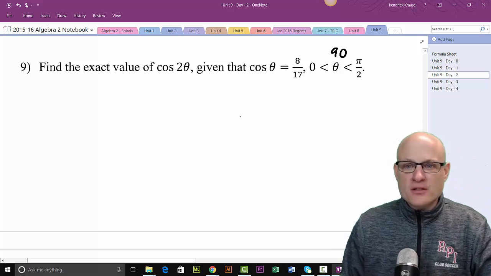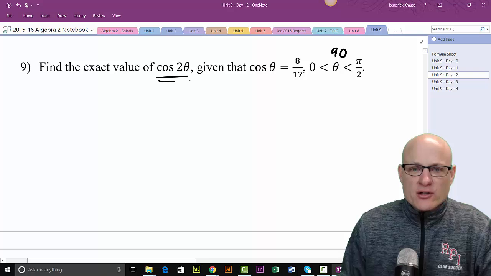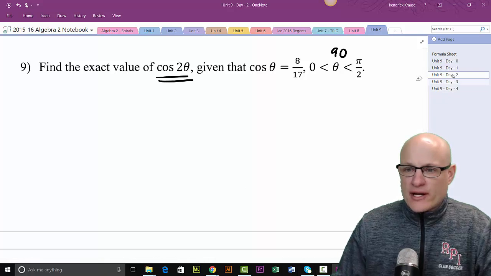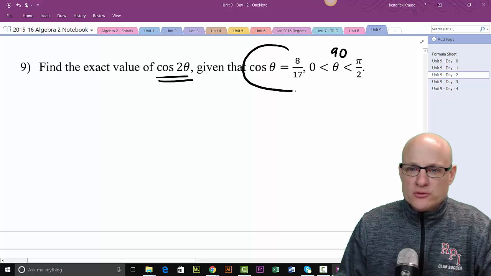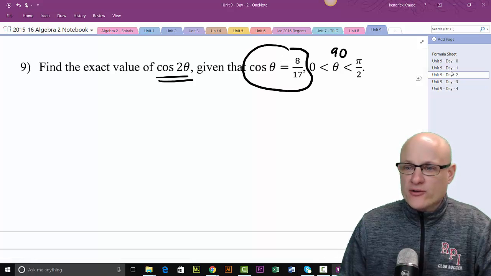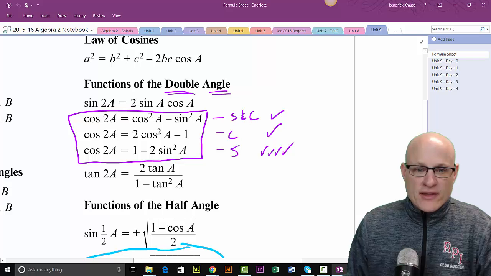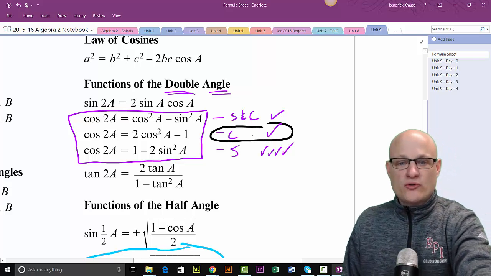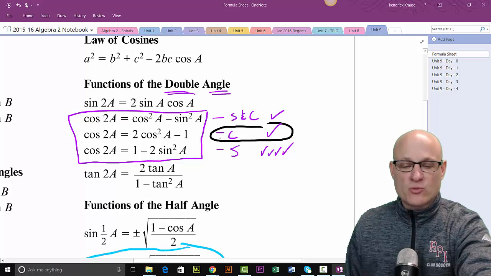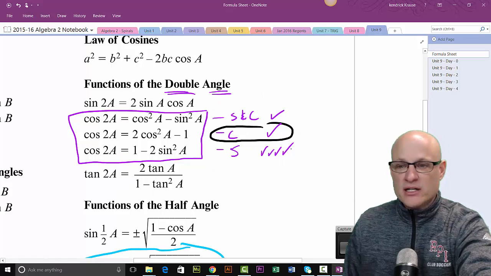Cosine, double angle. So we're going to go over to our double angle formula. And in this case, I've only given you cosine. So I want to find the double angle formula that deals just with cosine. And that would be just this middle one, 2 cosine squared A minus 1. Now, of course, I'm going to rewrite it a slightly different way.